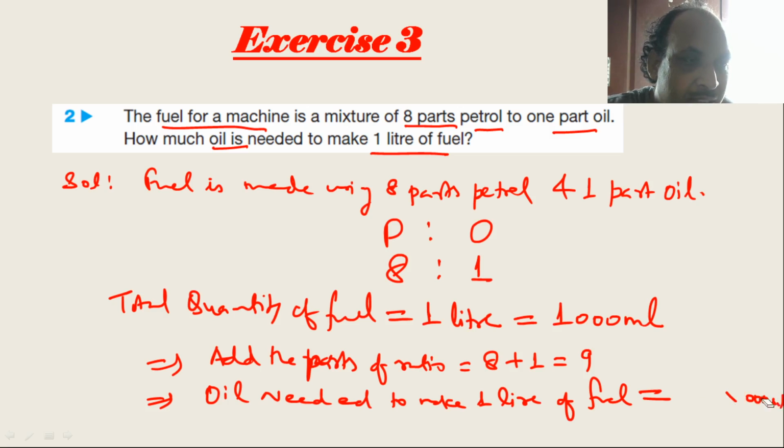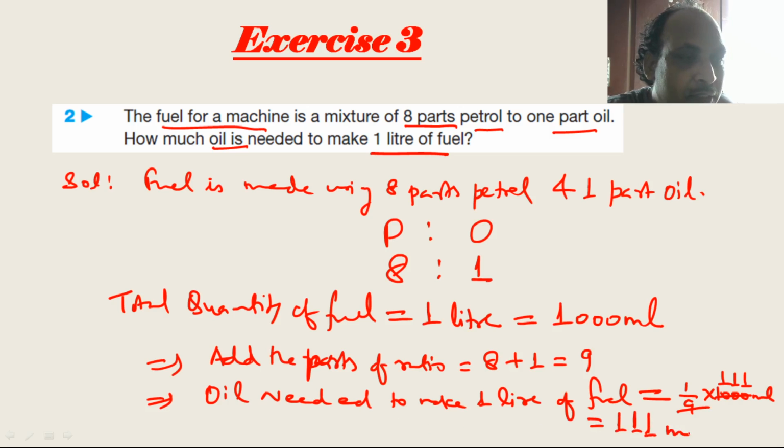Okay, let me write it once again: 1/9 into 1000 milliliters. When we divide it, we get 111, so approximately 111 ml of oil is required to make this 1 liter of fuel.